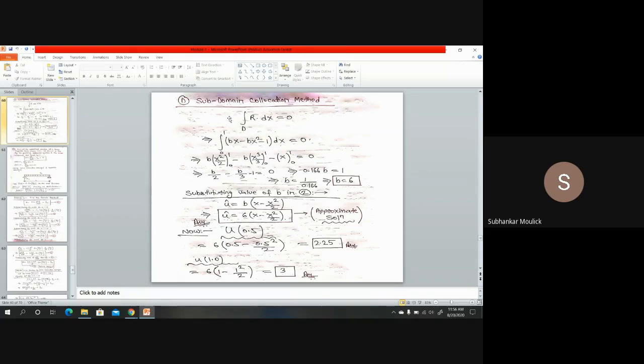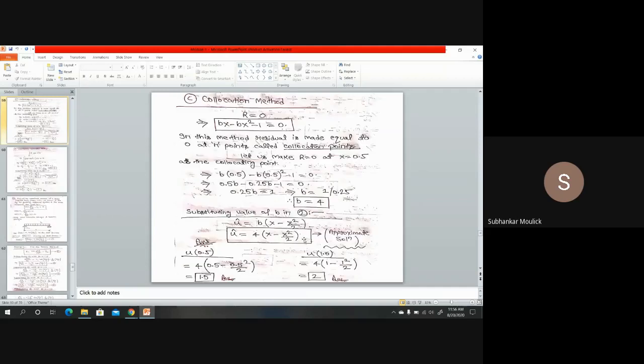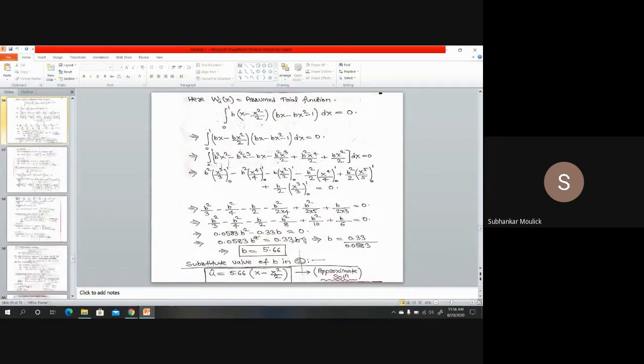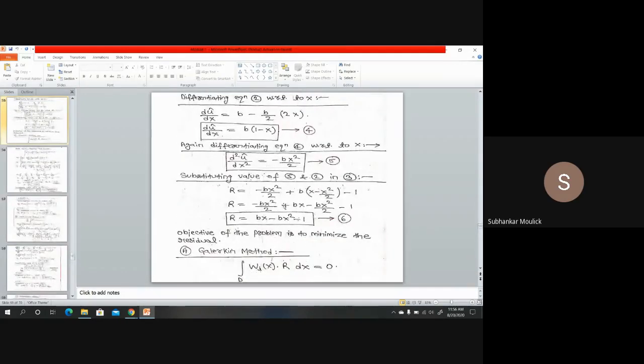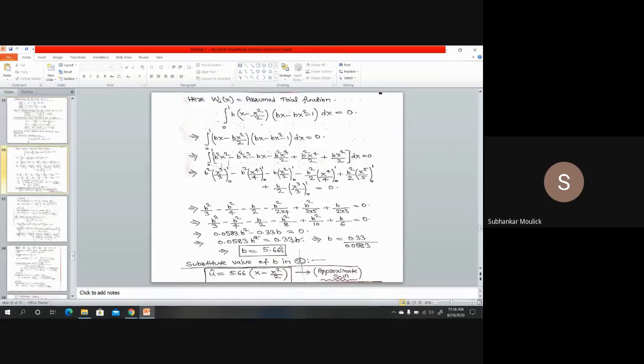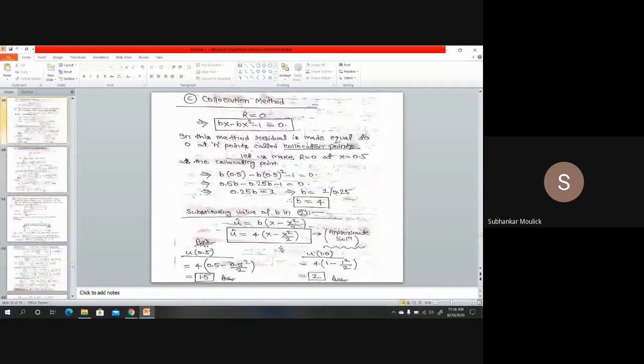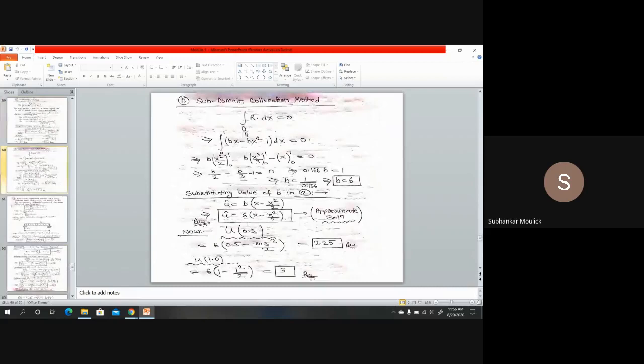We integrate this entire residual over the complete domain of the problem, and then we equate it to 0. So the residual we already have, that is nothing but equation number 6. This I will integrate over the entire domain, where the minimum value is 0 and the maximum value is 1.